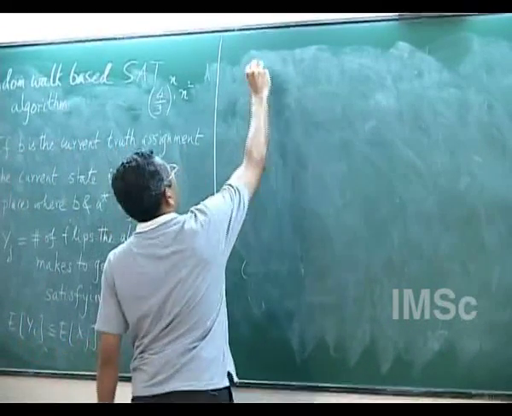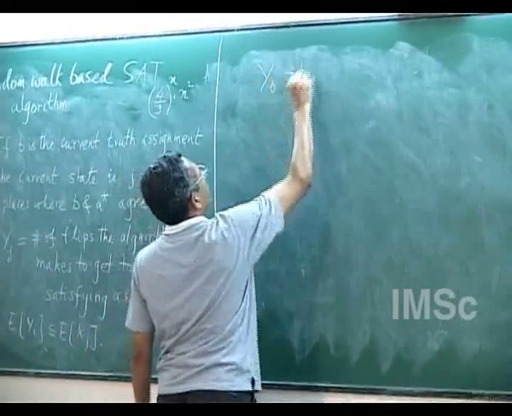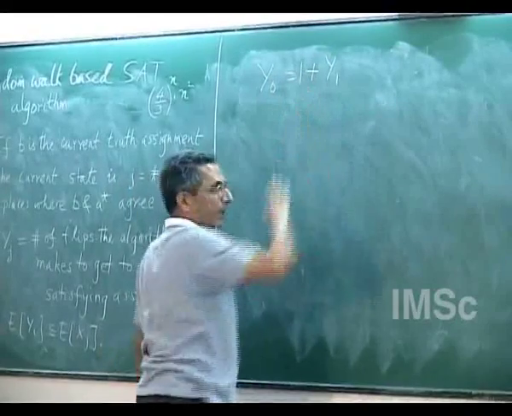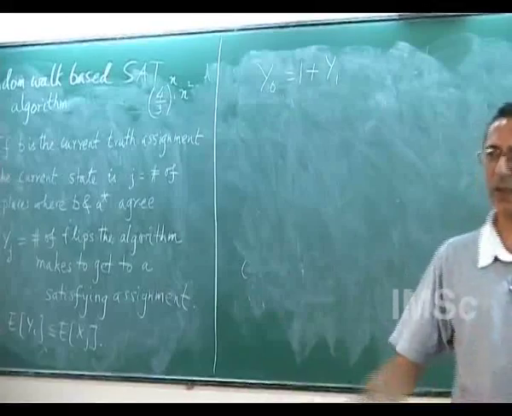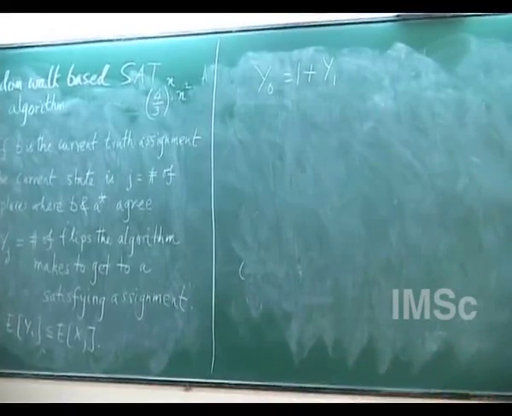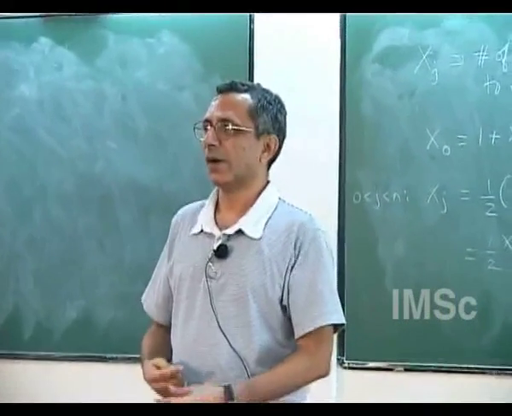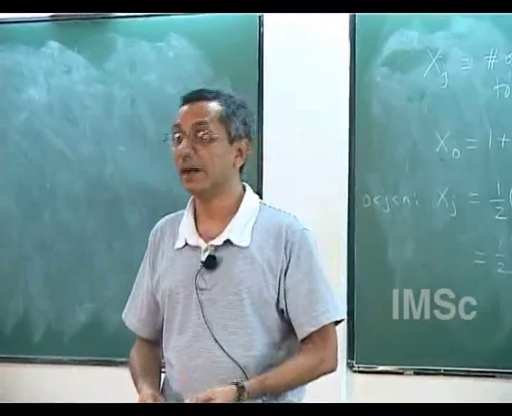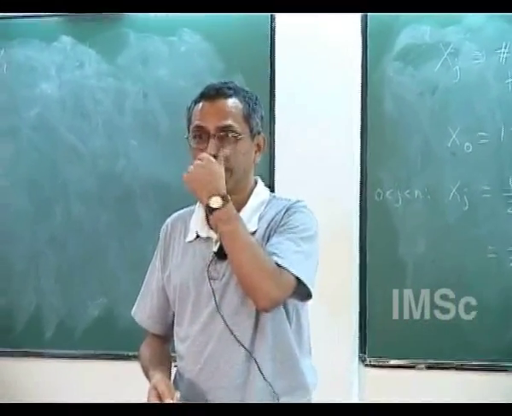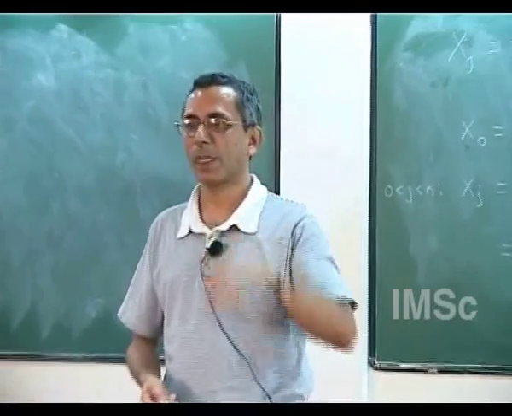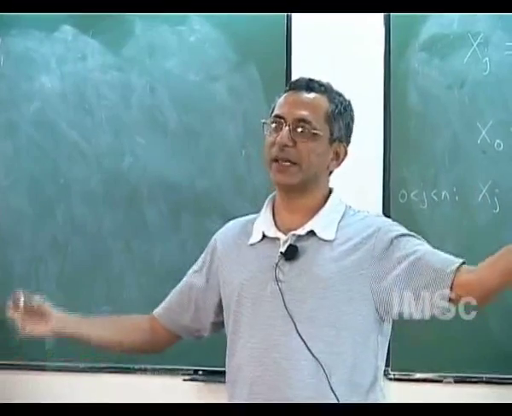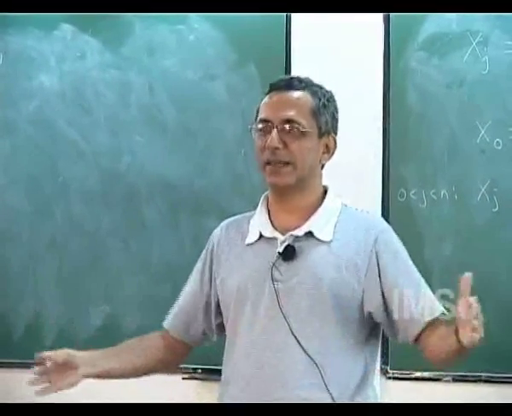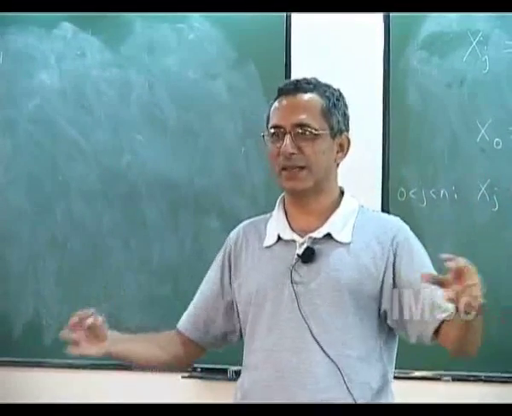So it's clear that y0 is going to be 1 plus y1, because if I am at an assignment that disagrees with A star on all the positions, then if I flip... Y0 means I disagree with A star. It's the number of places I agree. 0 indicates the number of places I agree.